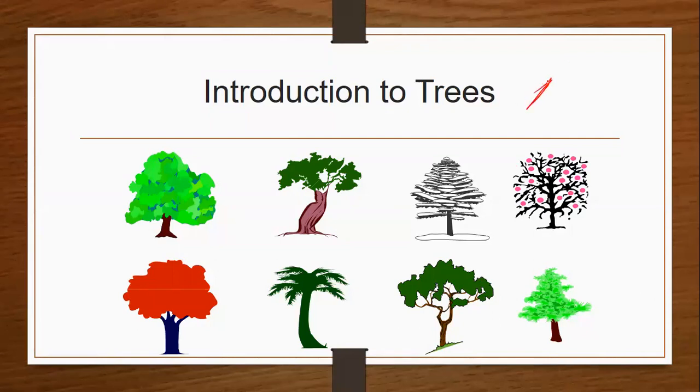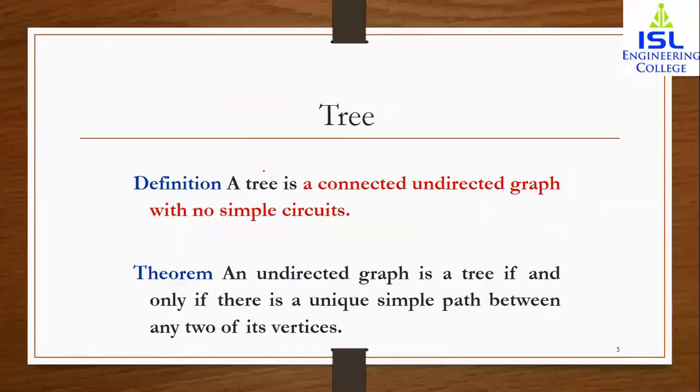You draw a line. That line is taken as an edge to represent the parent-child relationship. So the undirected graph representing a family tree is basically an example of a tree that we use in computer science. So if we see the definition, a tree is a connected undirected graph with no simple circuits.